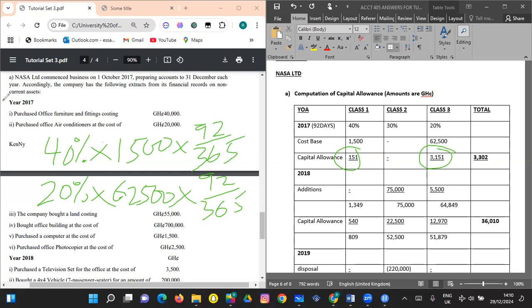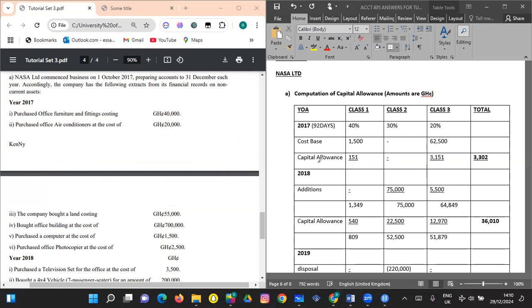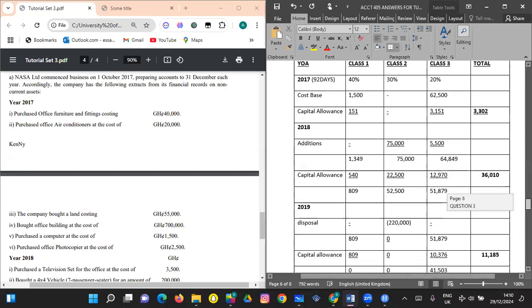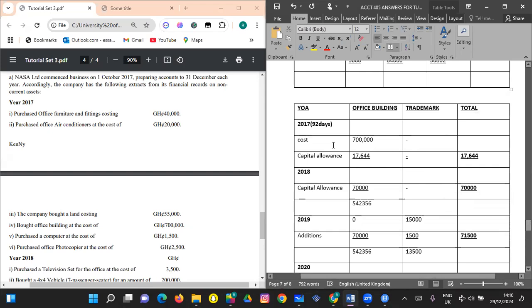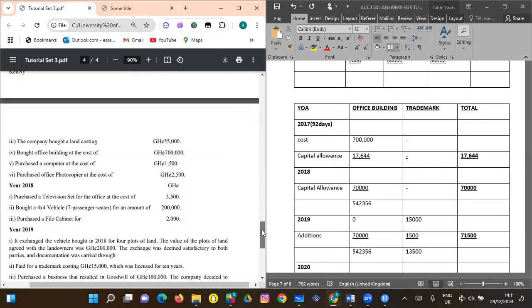All right, so that's what we get here. Let's move to the buildings. That one too: 10% of this times 92 over 365. That's the same thing we are going to get here. So now let's move on. We are done with 2017.